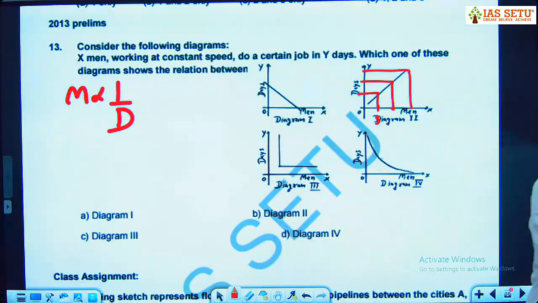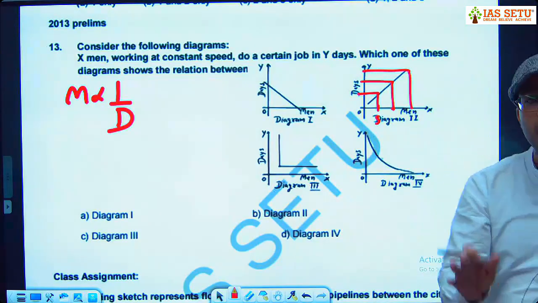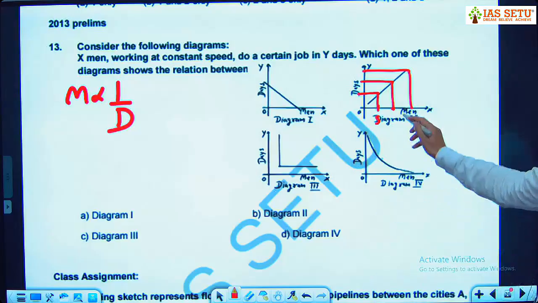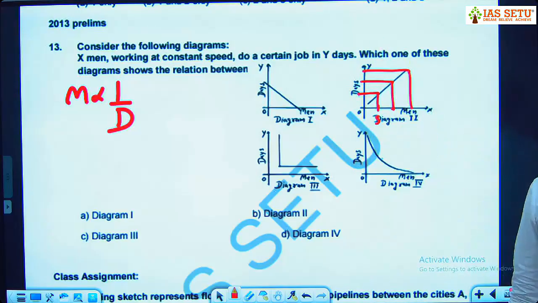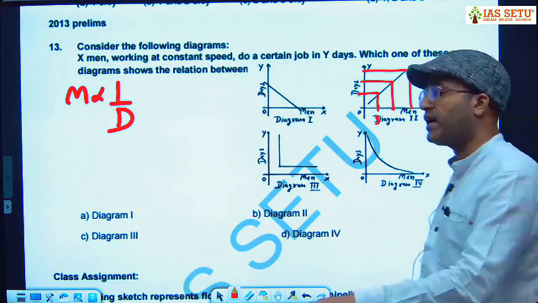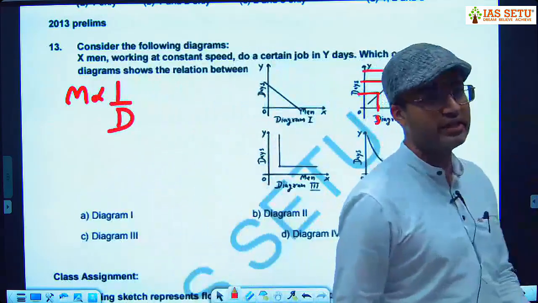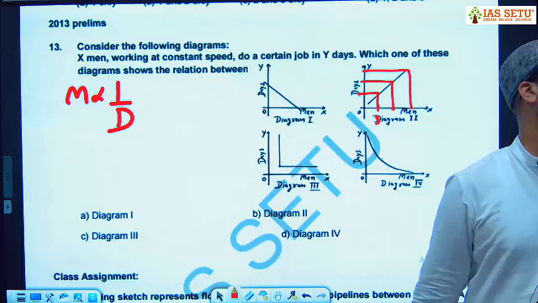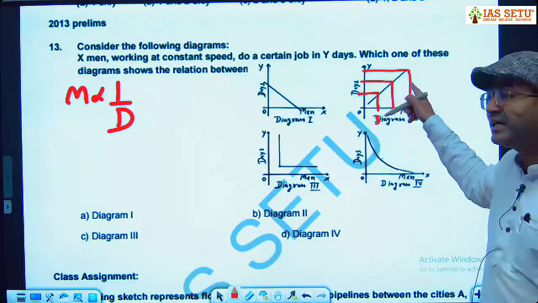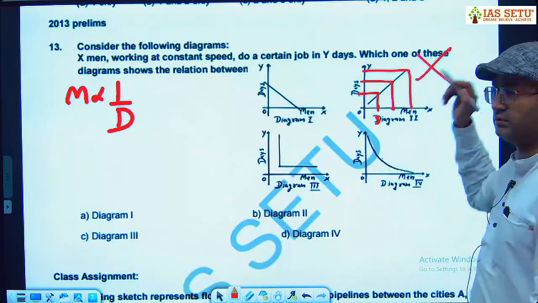If 5 men can do one work in 5 days, I'm not बेवकूफ so that I employed 10 men for 10 days. मतलब अगर 5 आदमी 5 दिन में काम कर रहे हैं, कौन 10 आदमी को 10 दिन के लिए लगाएगा? मतलब गधा ही होगा ना वो भाई. 5 आदमी एक काम को 5 दिन में कर सकते हैं. 5 men can do one work in 5 days. Who will employ 10 men for 10 days? It shows man and days are directly proportional, which is wrong.